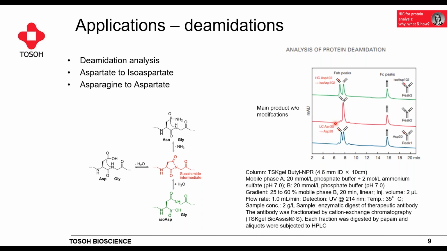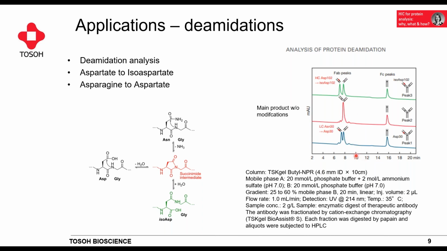What you can see in the middle, this red chromatogram, is the main product that doesn't have any modifications. And we have the green line, which basically shows two peaks, because we do have an aspartate in this Fab arm that is modified to isoaspartate. So basically from this to this, and this has an impact on the hydrophobicity, meaning we do see separation over here.